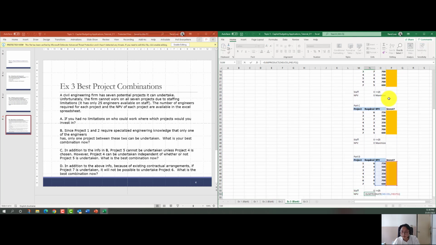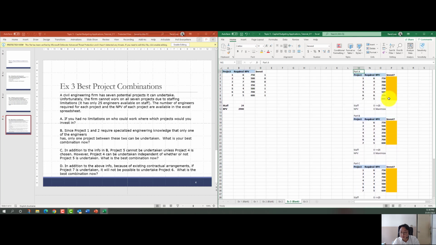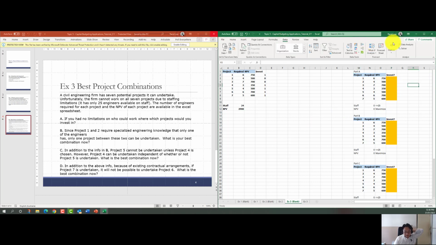Okay, let's check. Yep, that's all good. All makes sense. So this is all us just setting things up for the optimizer. Basically, let's start off with the solver.